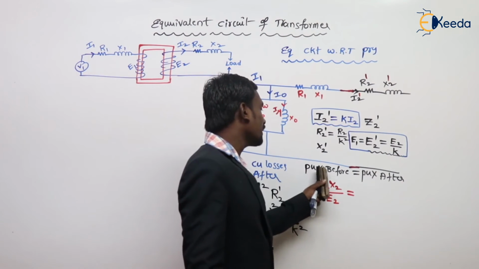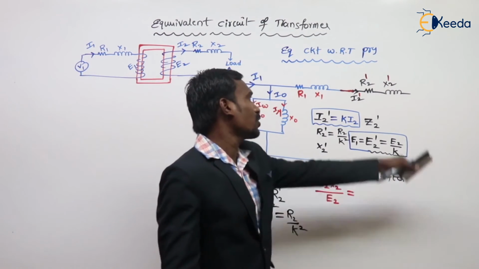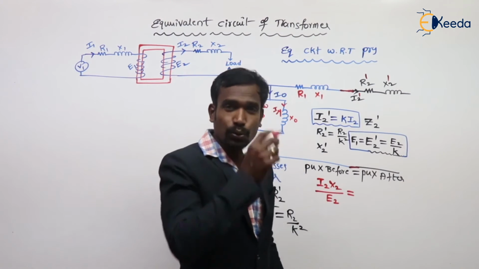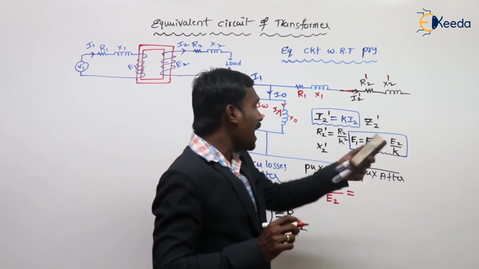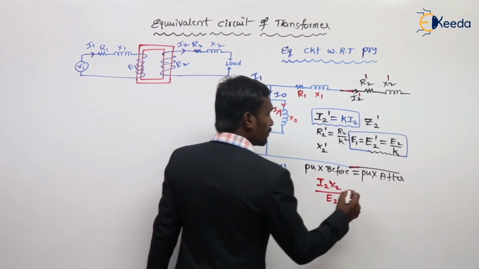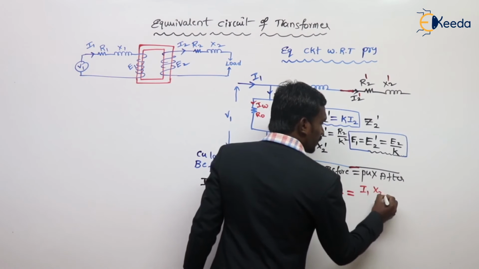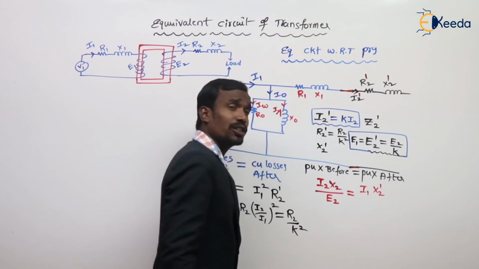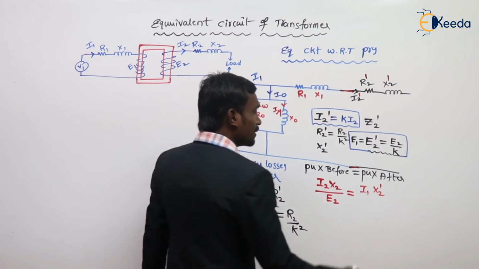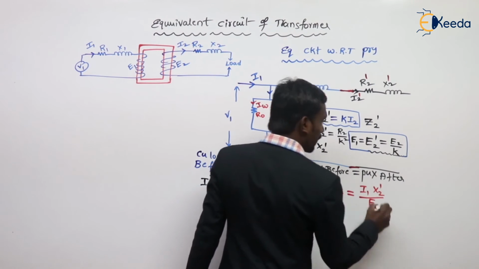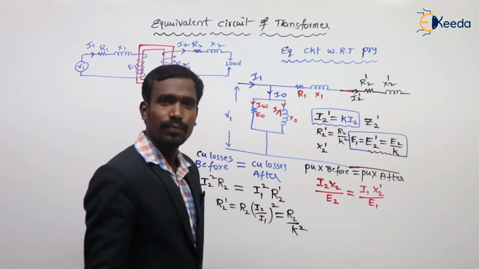So the per unit reactance before transformation is I2X2 upon E2. What about after? After transformation, we have to take I1, and this is X2 dash. What is the base value for primary? Base voltage for primary is E1.